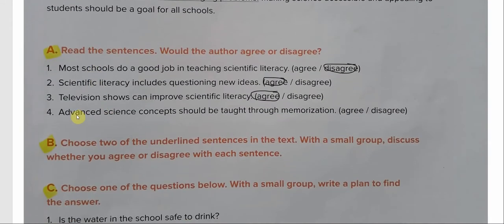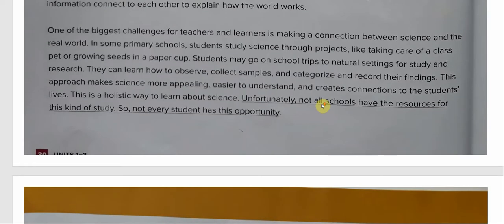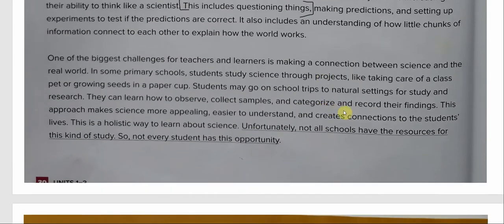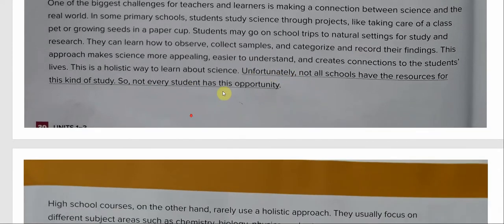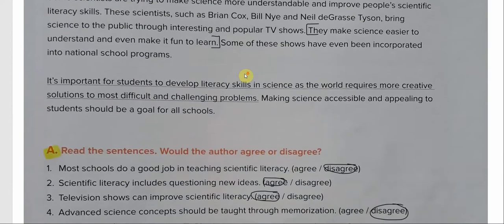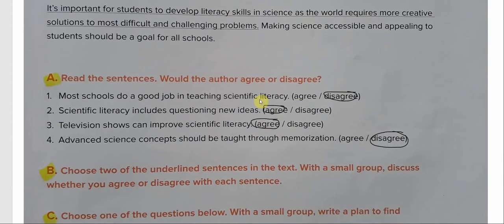So, advanced science concepts should be taught through memorization. I would say the author would disagree. I believe that they would like this one, the holistic approach. Unfortunately, not all schools have the resources, so not every student has this opportunity. So there you go for that one.